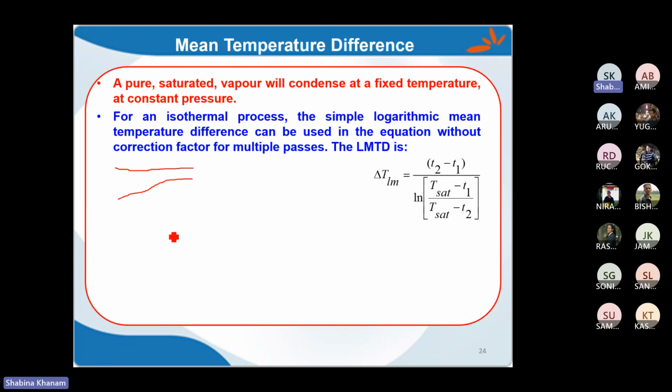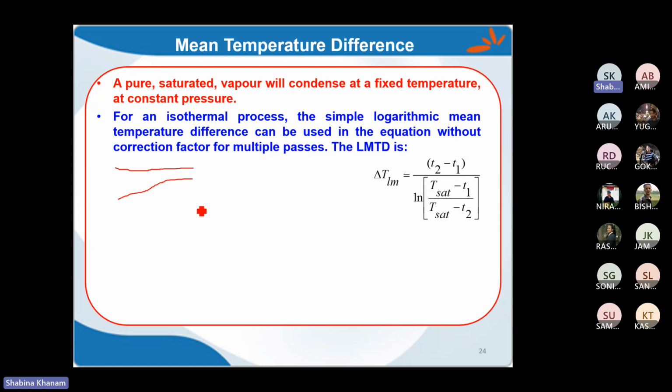Now, instead of pure vapor, if I am considering a mixture of components in the vapor, in that case, as I have told you earlier, you will observe variation in temperature on the condensation side. It won't be an isothermal process because each component has a different dew point, so it will condense at a different temperature.